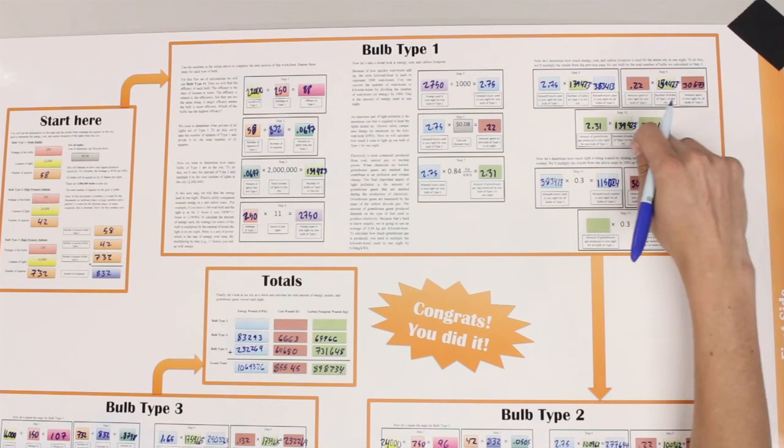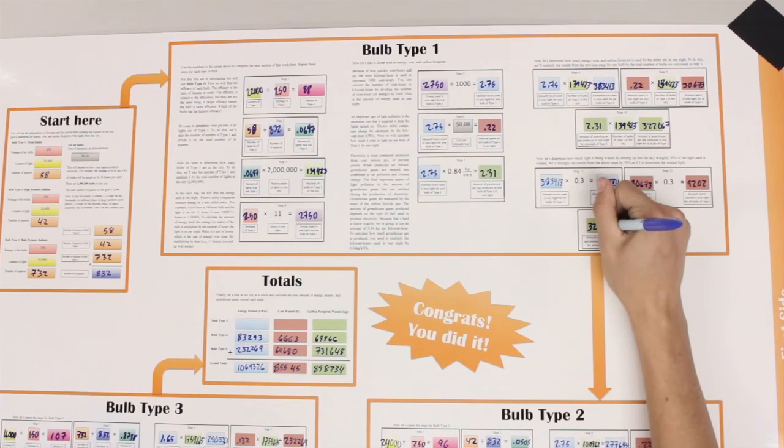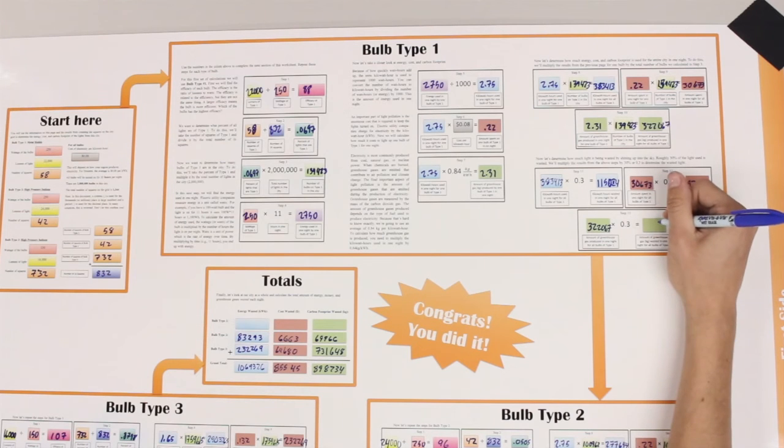From step 10, take the final number and plug it in down here. This gives the total amount of excess CO2 that's produced by running these bulbs.